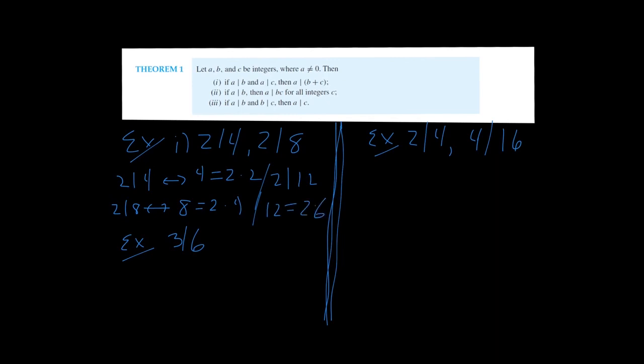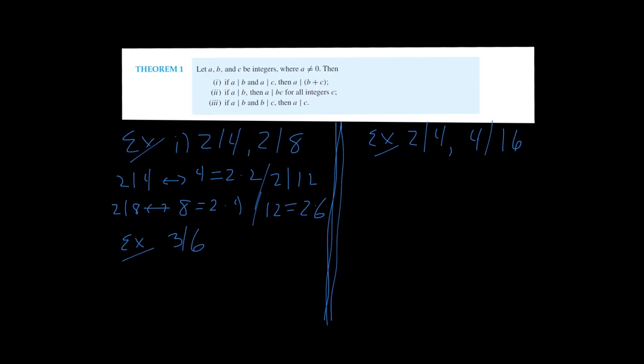Now, I want you to notice something right here, that this integer we have, this 6, that lets us show that 2 divides 12, that comes from the 2 and the 4 from the previous two examples. So whenever you have an integer dividing two different integers, in this case 2 divides 4 and 2 divides 8, then 2 is going to divide their sum. So 2 is going to divide 12.